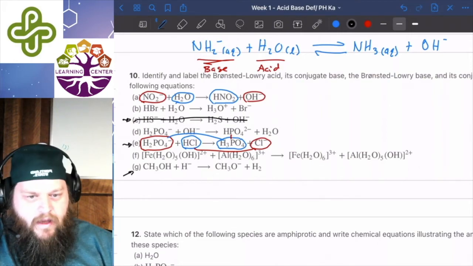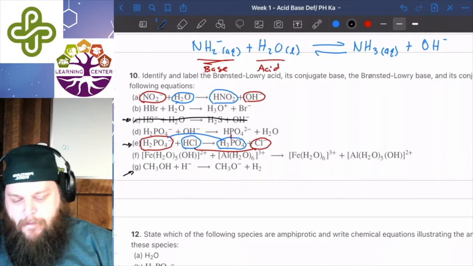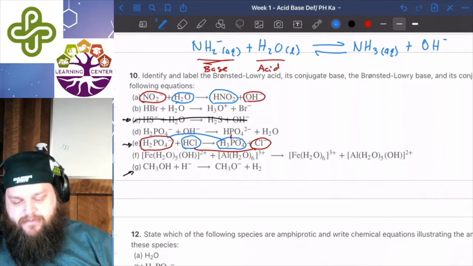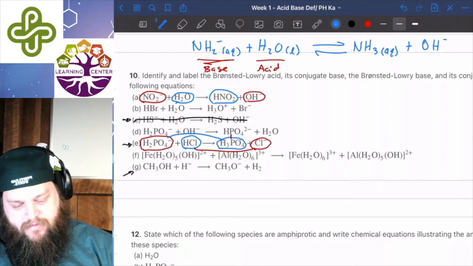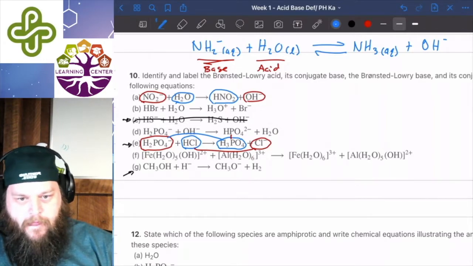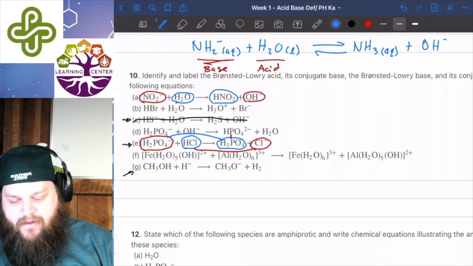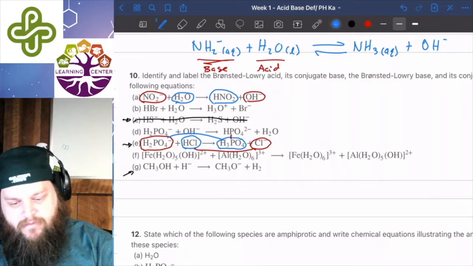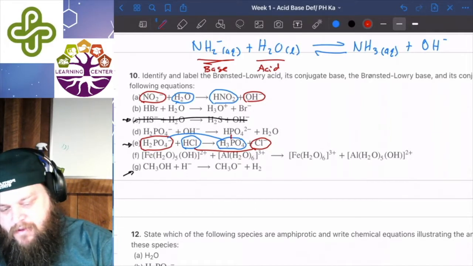All right, let's try G, this last one down here at the bottom. What would the acid be? I should always start with acid and base. Would H minus be an acid or a base? Base, perfect.